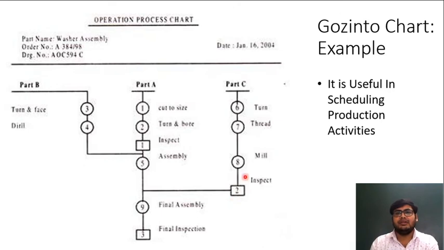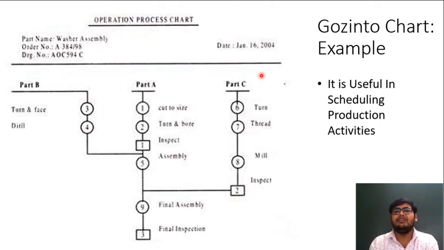Now let us look at an example of a Gozinto chart. Now we know that it is useful in scheduling production activities, and this is an example of a Gozinto chart used in process operations. In industry you will come across these types of Gozinto charts.